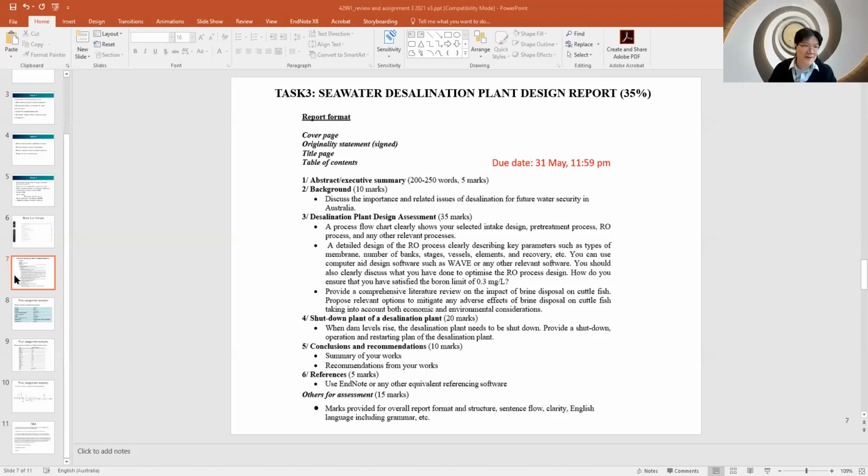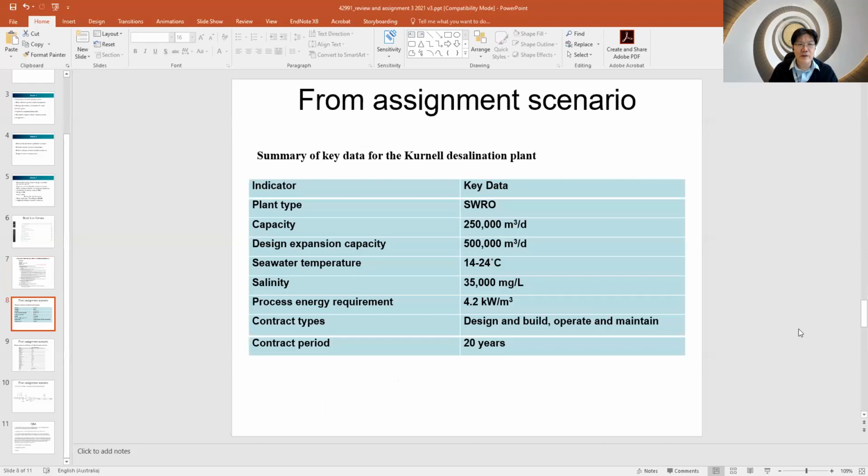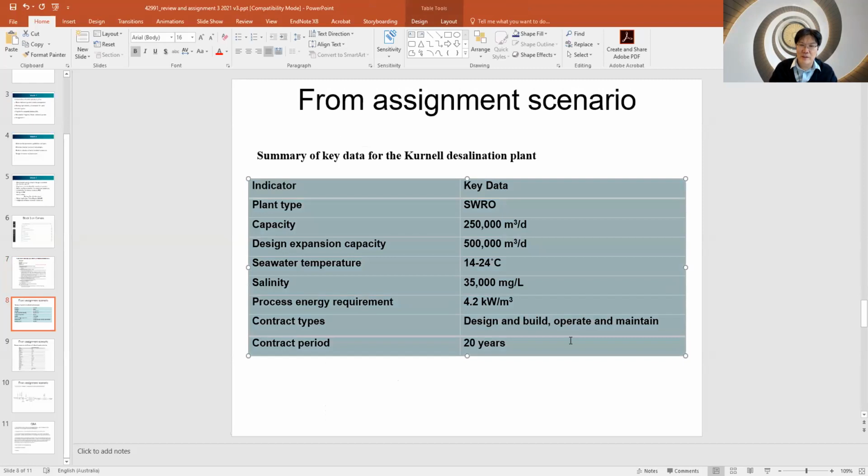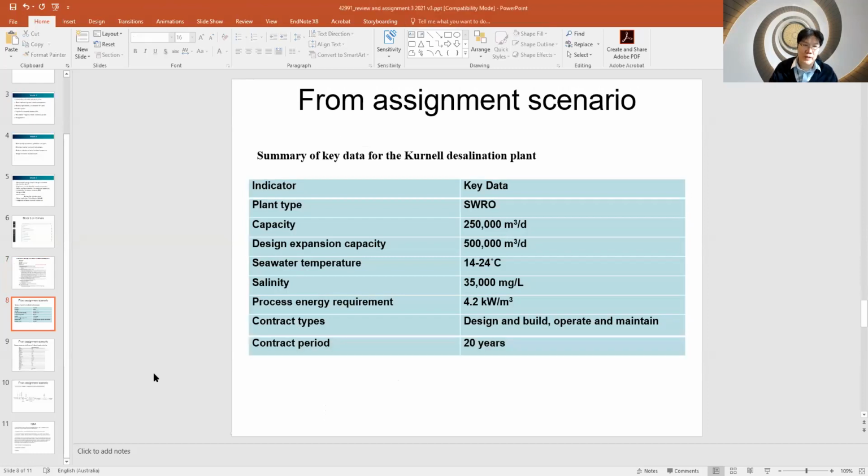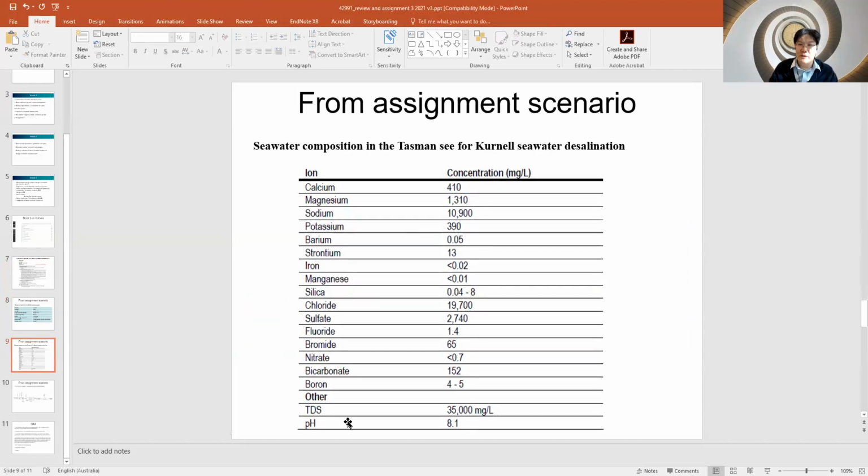discussion point. Okay, is everybody clear what to do? In the scenario, you follow this plant capacity, and then what's the process, the extension capacity, temperature, salinity, process, energy requirement, and this is the contract period, almost 20 years. This is also given by area, so you can see the water quality in Sydney.